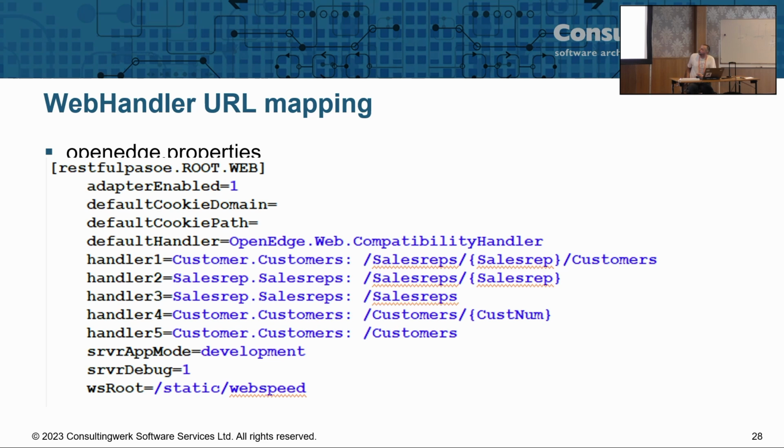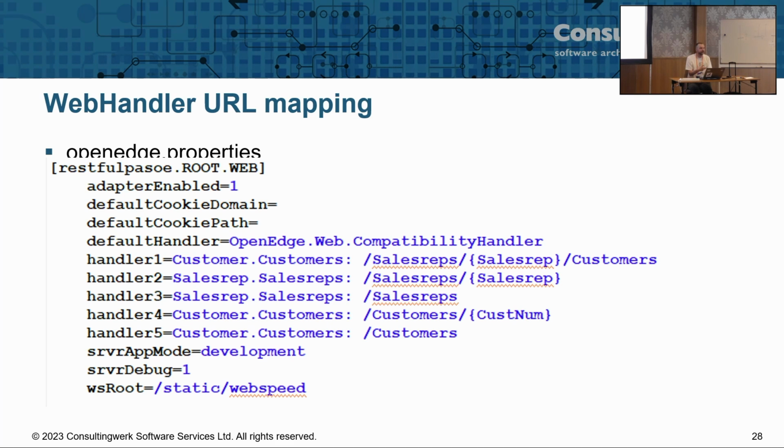Right, the configuration. So every PASOE comes with its own configuration file. It's the openedge.properties. For people who are a bit longer in the OpenEdge world, it is like the replacement for the ubroker.properties, but this is limited to your own app server.